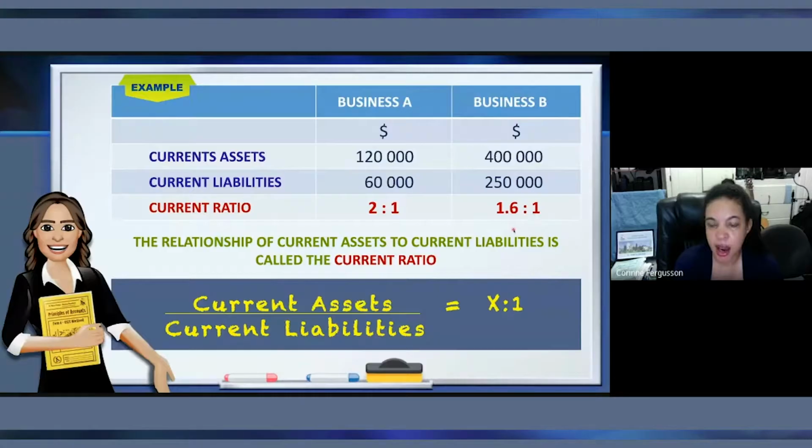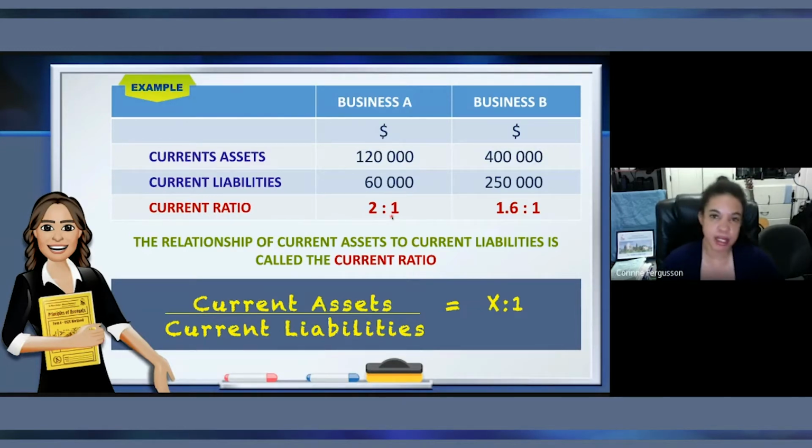In general, the generally accepted current ratio that is considered good or sufficient, all other things being equal, is 2 to 1. So they usually consider when you have a ratio of 2 current assets to cover 1 current liability, they consider that generally acceptable, right?